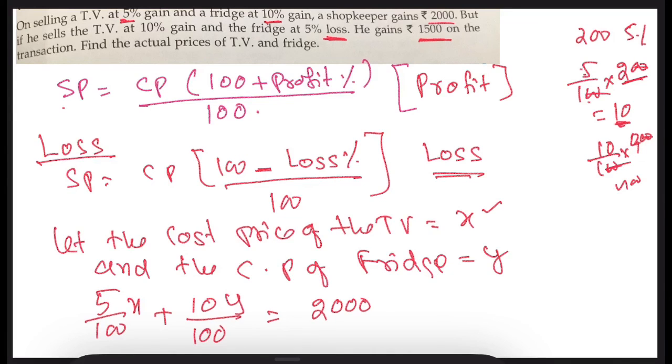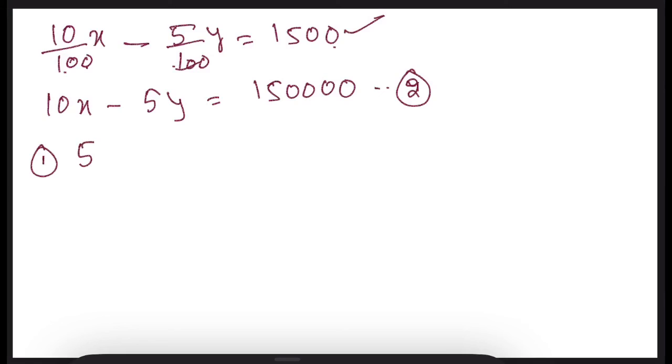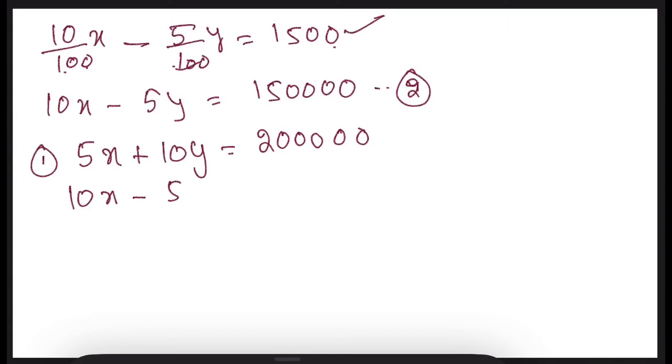So 5x plus 10y equals 200000, and the second equation is 10x minus 5y equals 150000.